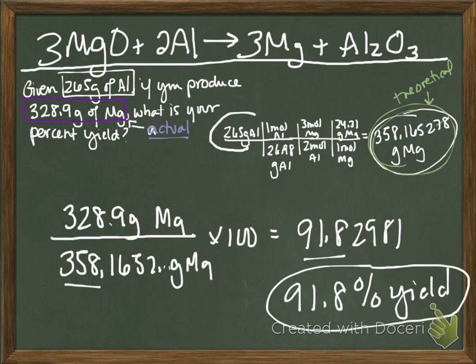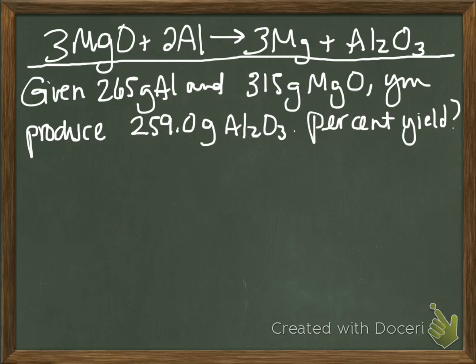What if I was to do something a little bit different? What do you notice immediately? There are 2 reactants given. Now, I borrowed this from your quiz on limiting and excess, so you already know that one of these is not going to react fully.